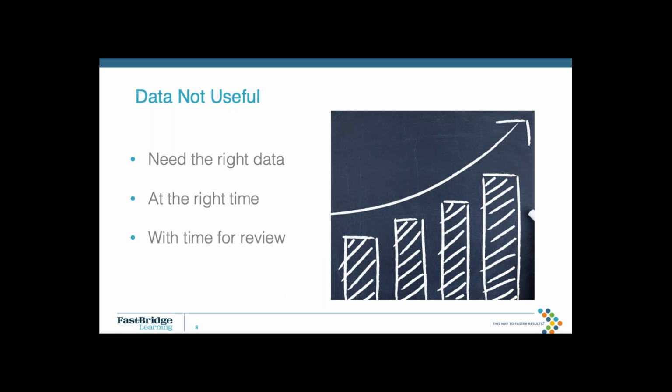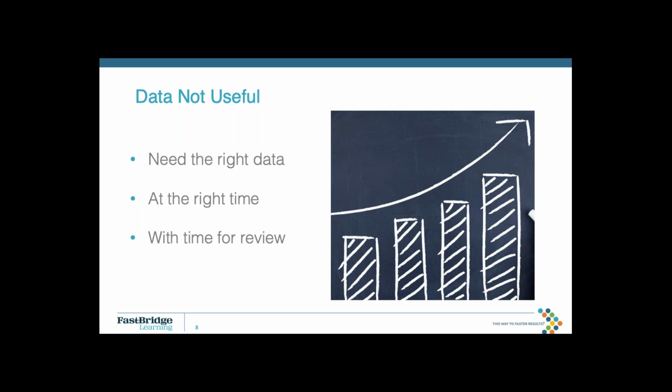Finally, there's the notion of the data not being useful. Certainly, any assessment data could lack in usefulness if the folks who are looking at the data don't know what it means. And part of the work at FastBridge Learning is to provide not only effective and efficient assessments, but also reports and other tools so that teachers can understand the data.